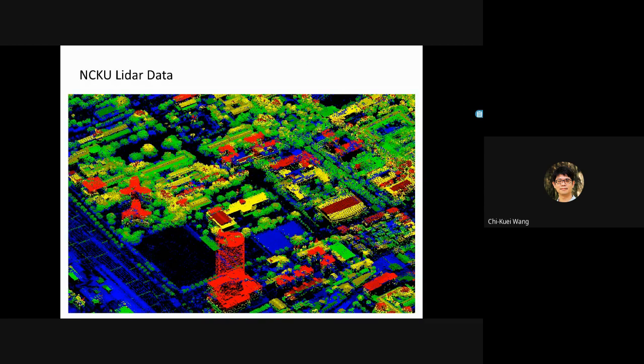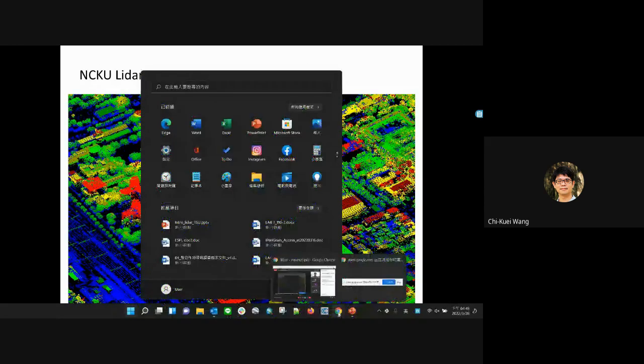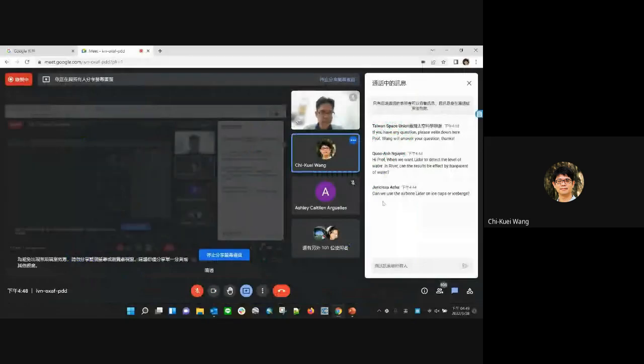So far, any question? Let me try to answer this question from Kwak An: when we want LiDAR to detect the level of water in a river, can the results be affected by the transparency of water?